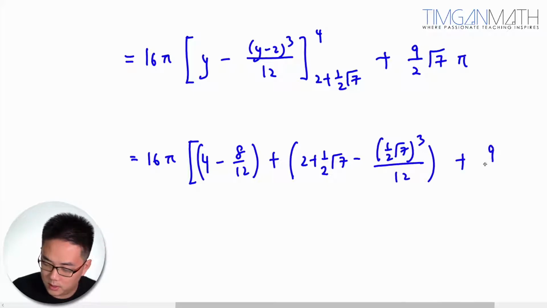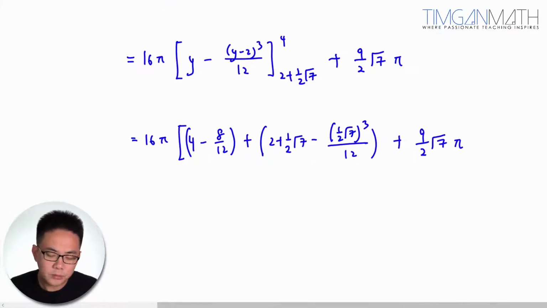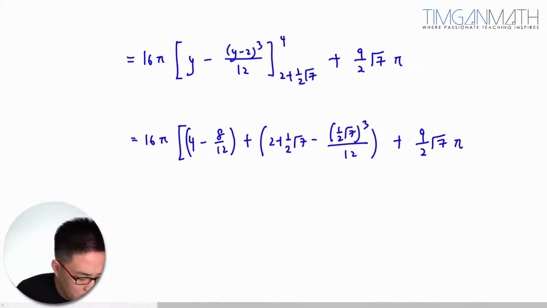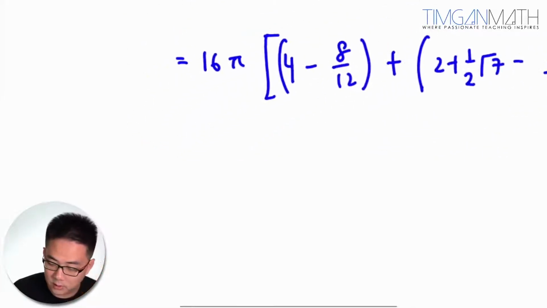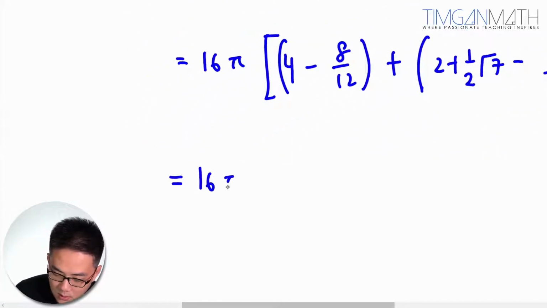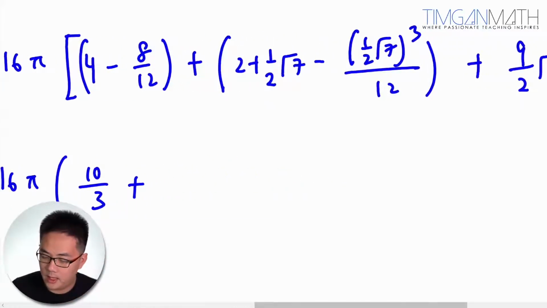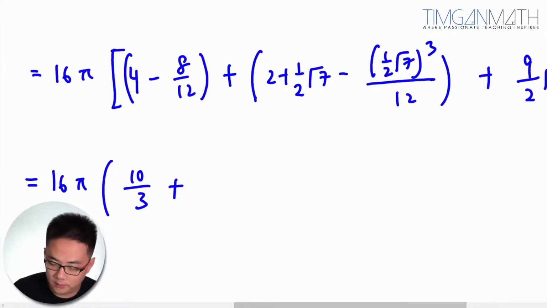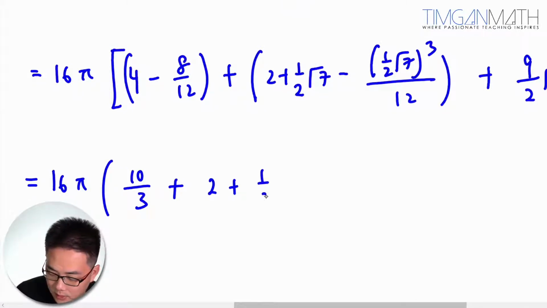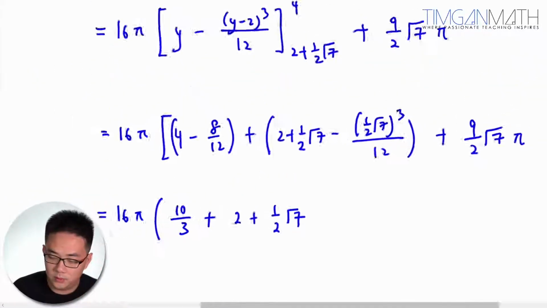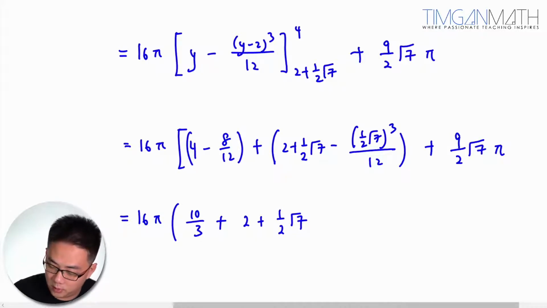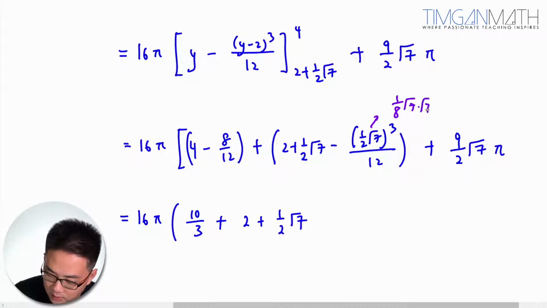Just be mindful of your manipulation. Don't be too quick, be very careful about it. So this is 10 over 3 plus, after which would just be 2 plus half root 7. This would be, I'm just going to be quick, 1 over 8 root 7 times root 7 times root 7.